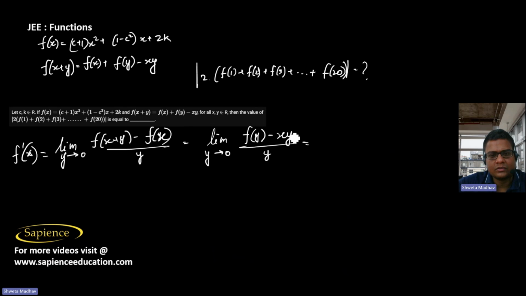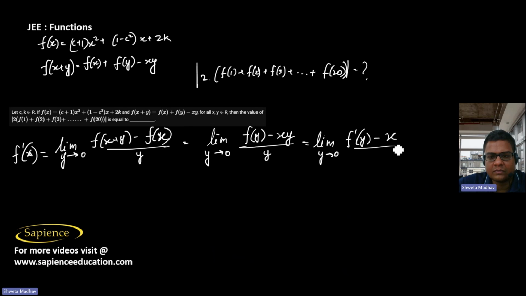y equal to 0, if I put, this will be 0 by 0 form. So from here we can say that this will be limit y tends to 0, f dash y minus d by dy we will do.